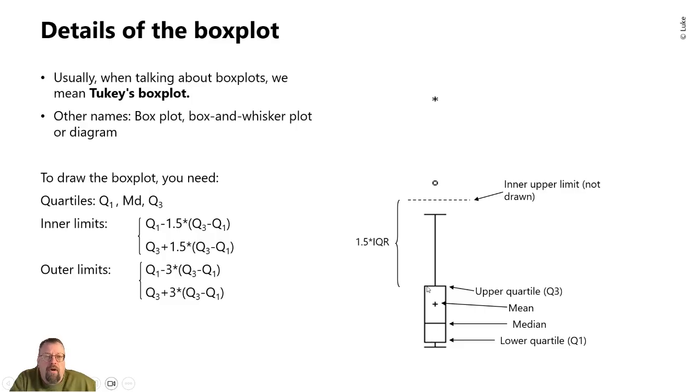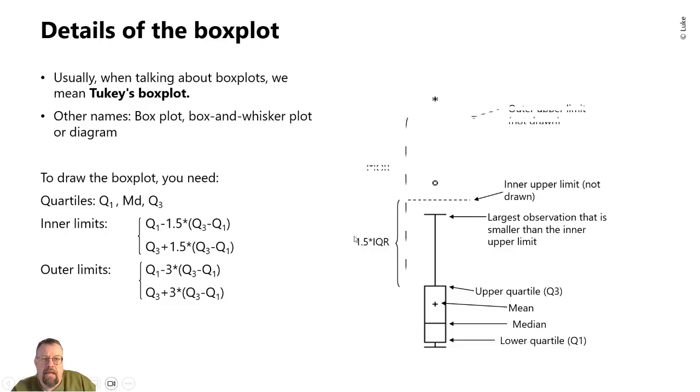So 1.5 times the length of the box is here, and we then draw the whisker so that it reaches the largest observation that is still smaller than the inner upper limit. And then on the other hand, we check where the 3 times interquartile range is.